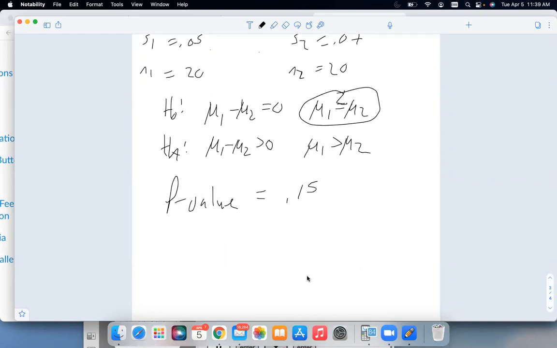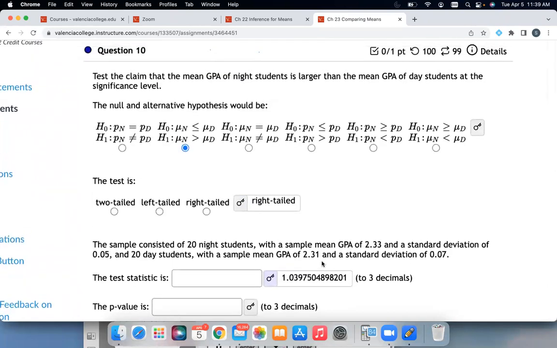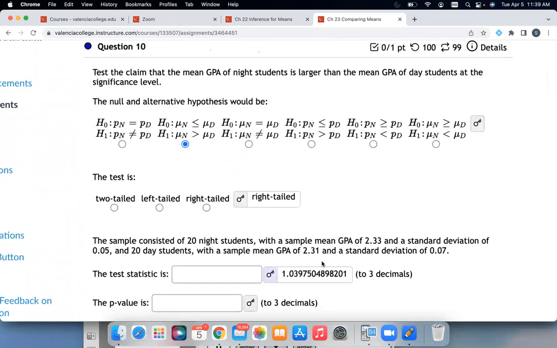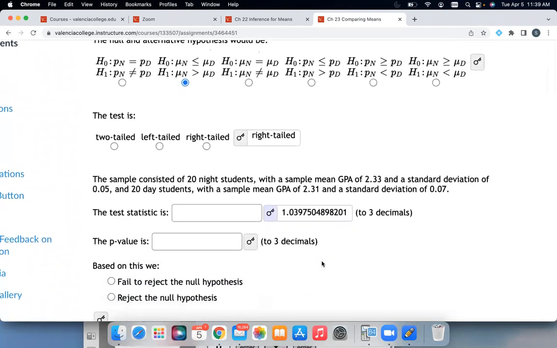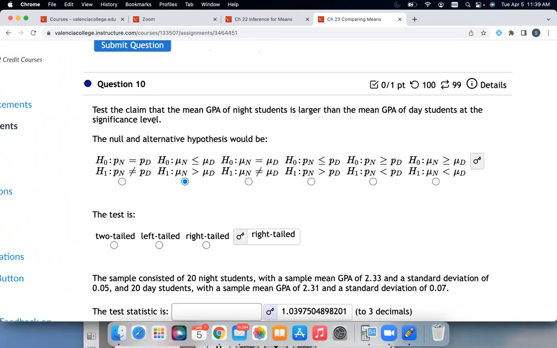Remember, small p-values are strong evidence against the null. This is a gigantic p-value. I don't even know what the alpha level is, but that's bigger than the alpha. Did they give us an alpha? I don't even think they gave us one. I think they meant to right there.